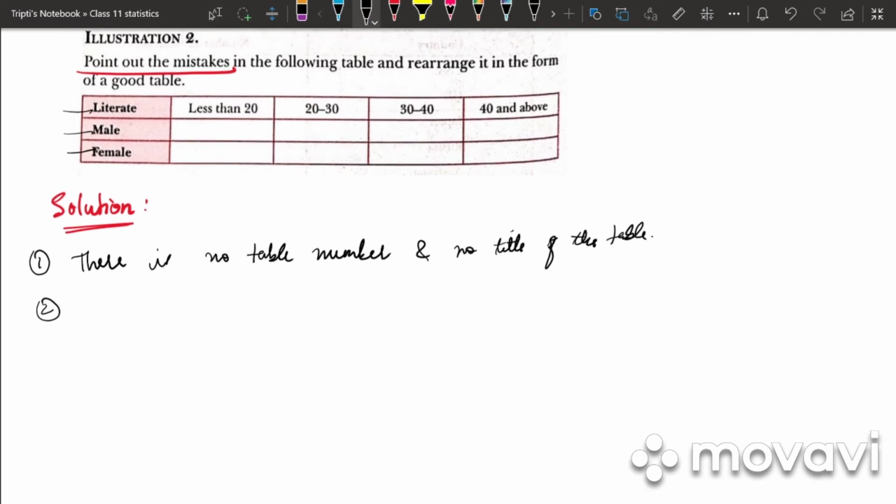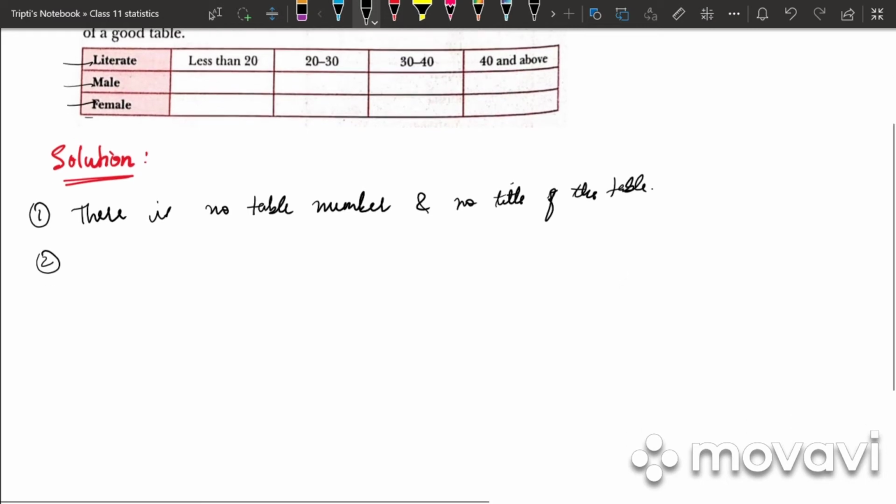What other mistakes are there in this table? There is no head note in the table. What is head note? Say for example, a head note is nothing but whether it is in lakhs, it is in crores, it is in thousands, they have not given us.